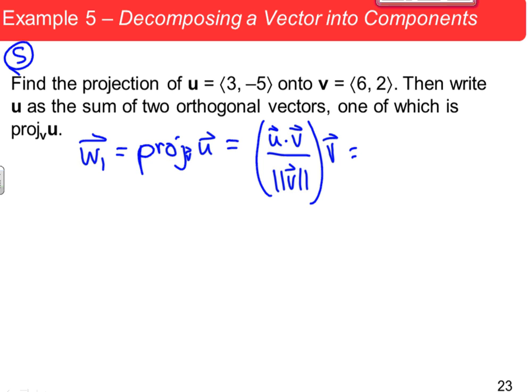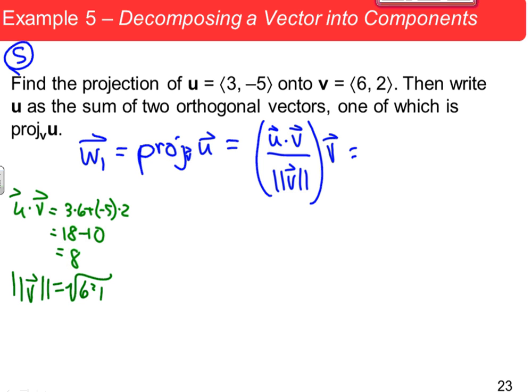U dot V is 3 times 6 plus -5 times 2, and that's 18 minus 10, so that's 8 for the dot product. And then the magnitude of V is the square root of 6 squared plus 2 squared, 36 plus 4, the square root of 40.